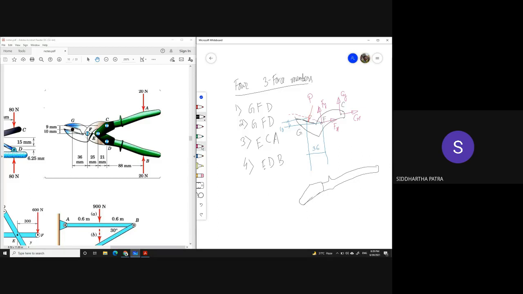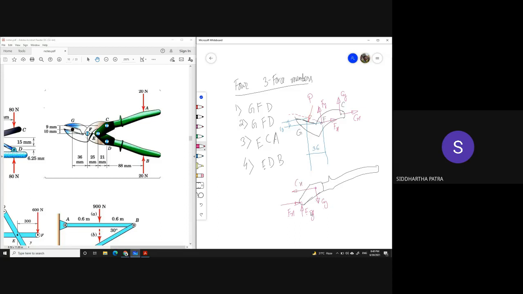So at A, it is receiving forces Ey and Ex, and at C, it is receiving the negative of this Cy and Cx.